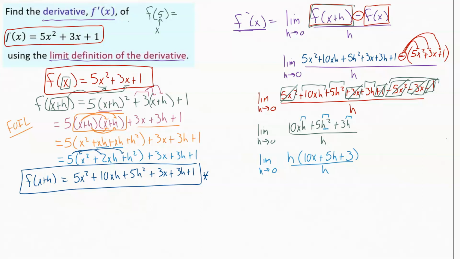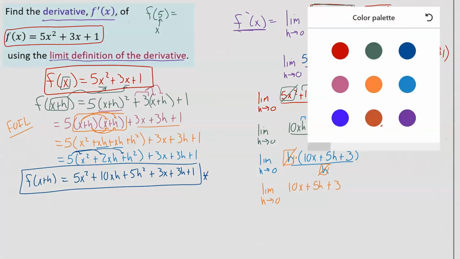Because that should happen every single time, the next move should happen every single time. You've got an h on top and an h on bottom now, and because these are being multiplied, you can finally cancel those out. That should happen every single time, and you should end up in this situation where you do not have a fraction any longer. And if we've done everything properly now, we go to sort of what I call option 1 of finding a limit, and that's just what I call plugging it in.